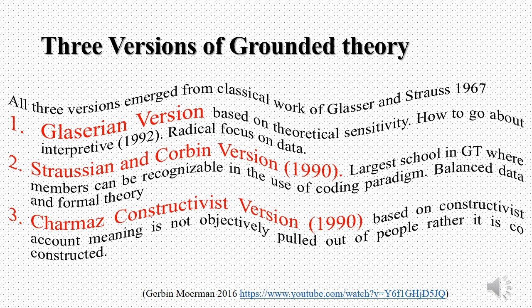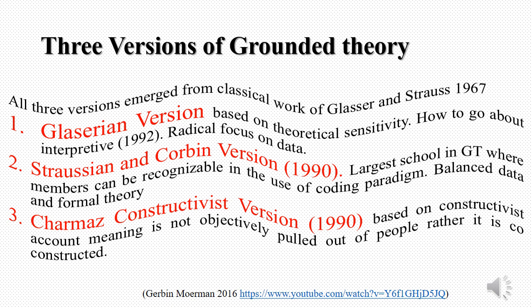In the meantime, Strauss, who had taken a new line with Corbin, actually formulated the largest school in grounded theory, where members can be recognizable in the use of the coding paradigm.